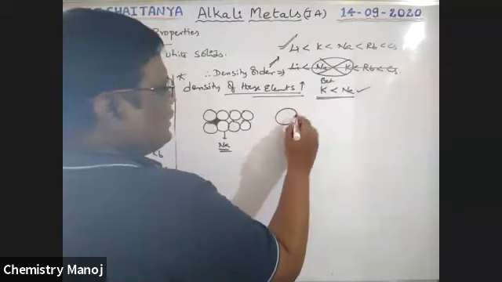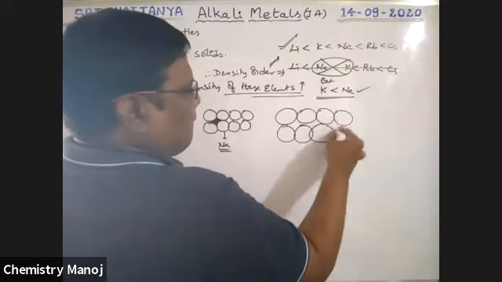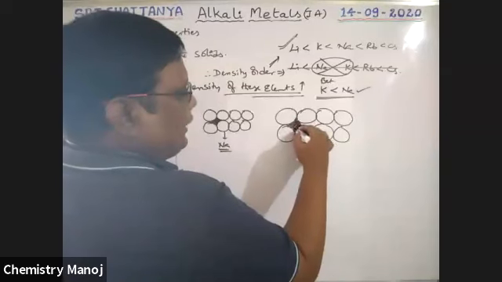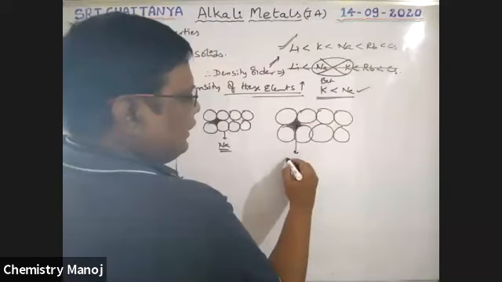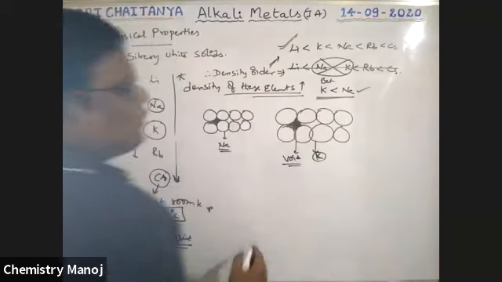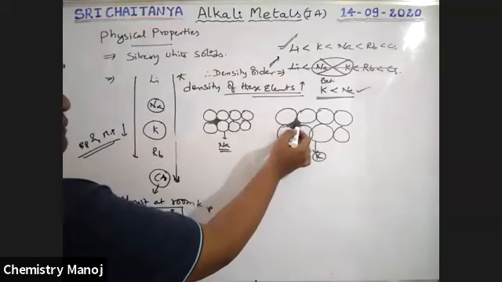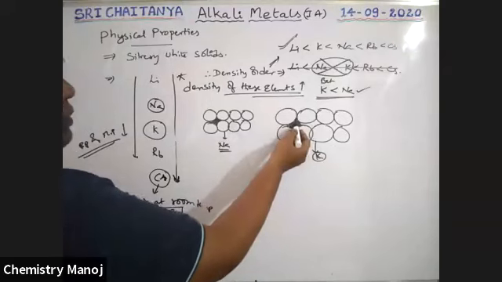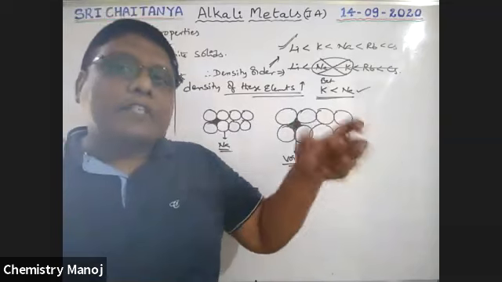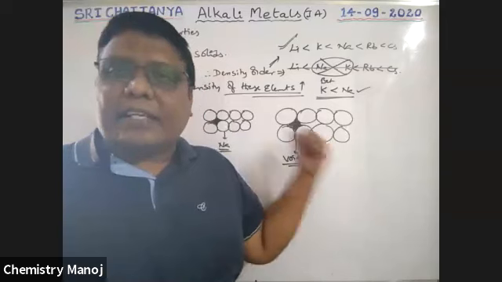These are the potassium atoms, boys. So the gap between atom and atom is wider for potassium, much higher than that of sodium. That means the occupied area is very less and empty space is more. Because of that reason, the density of potassium is less than that of sodium.